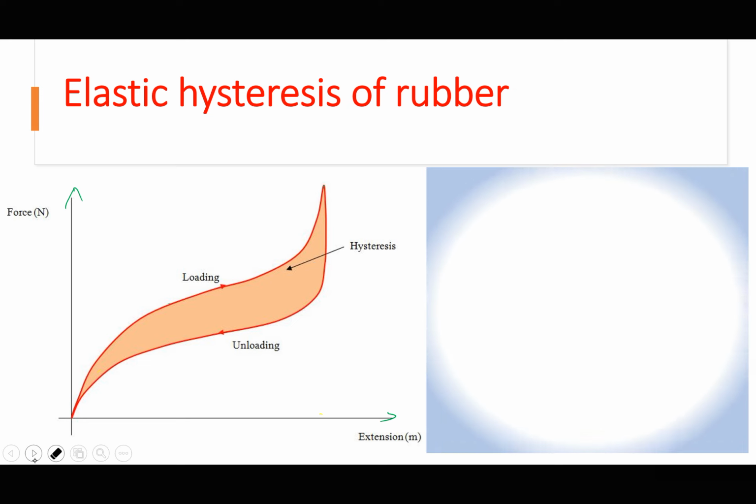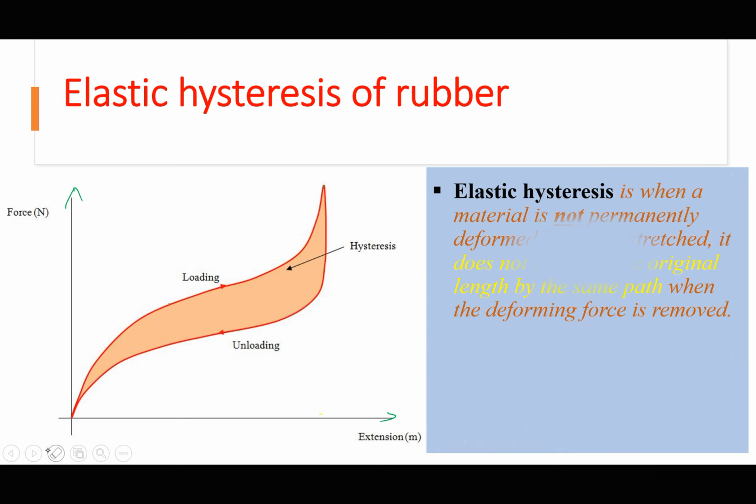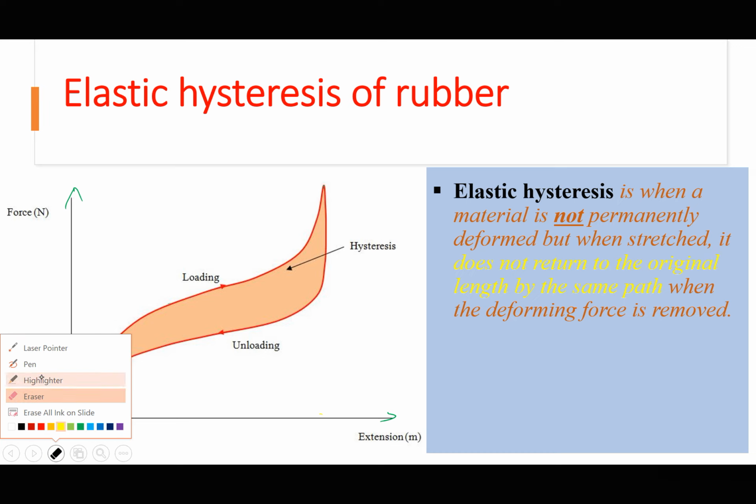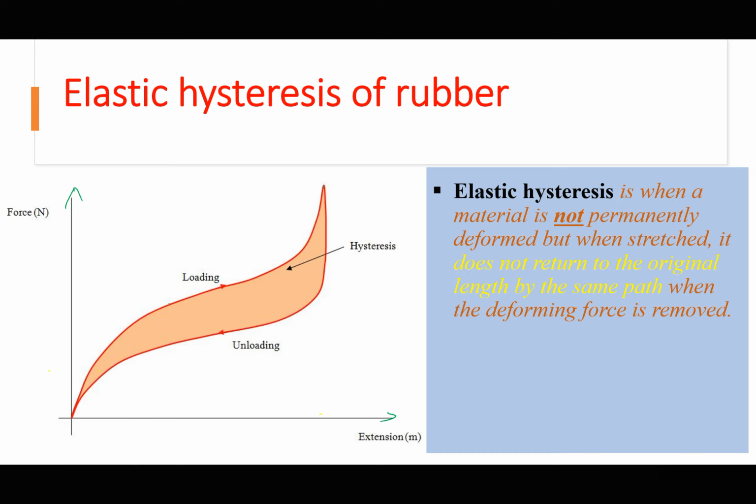Okay, so this is what we are calling elastic hysteresis. Elastic hysteresis is when a material is not permanently deformed, but when stretched, it does not return to the original length by the same path when the deforming force is removed. It returns to its original length, or original shape, or original size, following a different path.